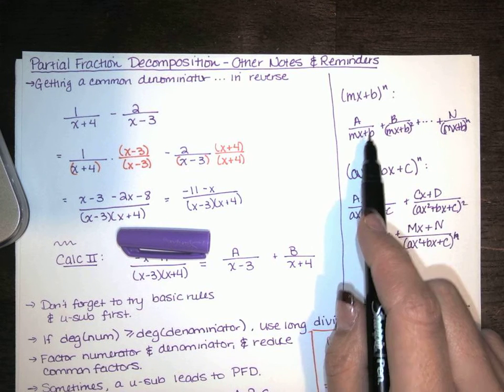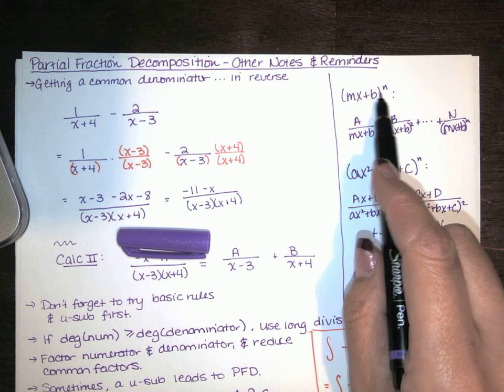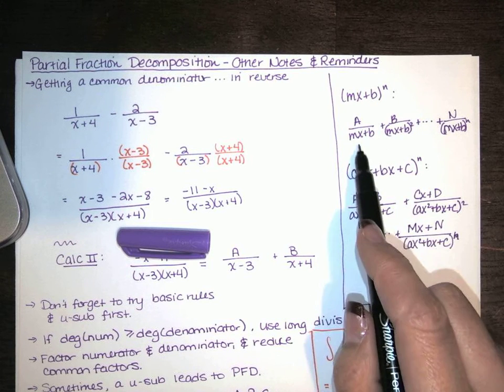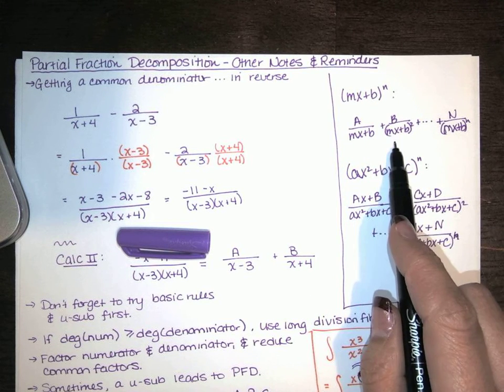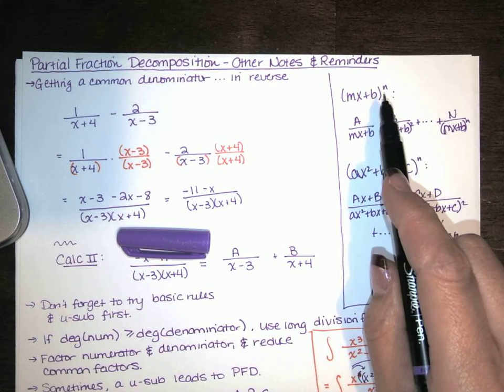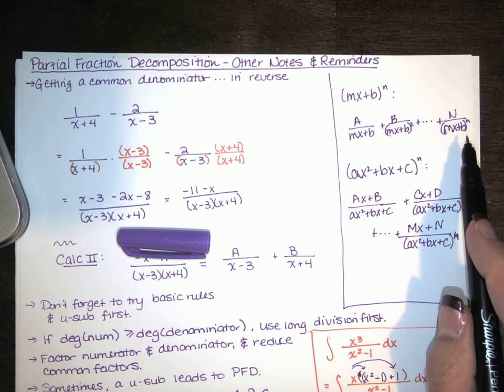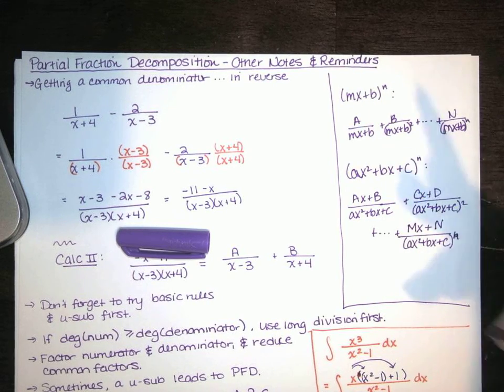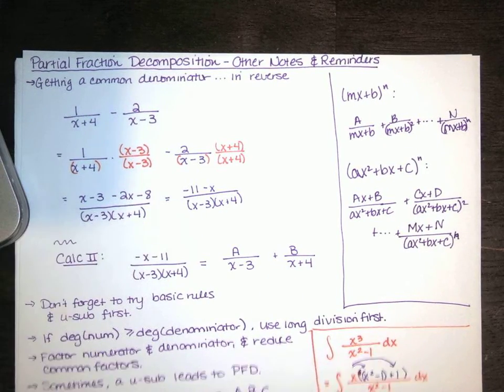And in the denominator, you're going to have 1 term for each of these powers. So if that's cubed, we'd have a over the factor plus b over the factor squared plus c over the factor cubed. If it's cubed, we stop. If it's raised to the 4th, I go to d over the factor to the 4th. I always stop at whatever that power is right there. That's going to get us the partial fraction decomposition.